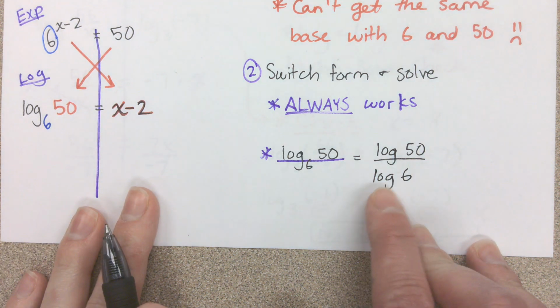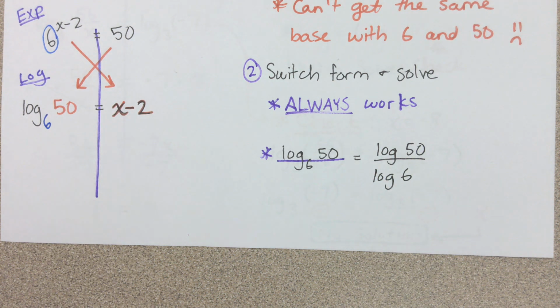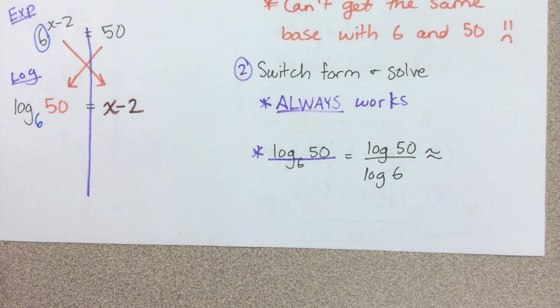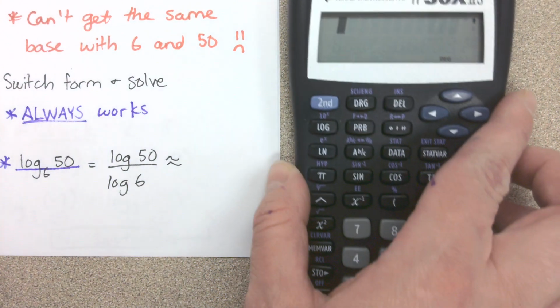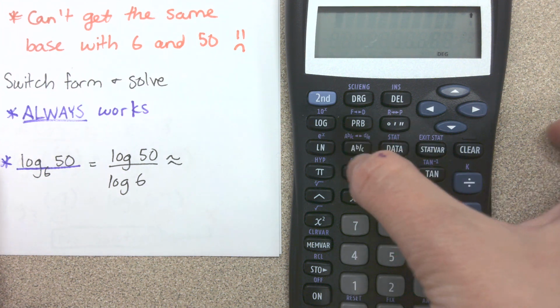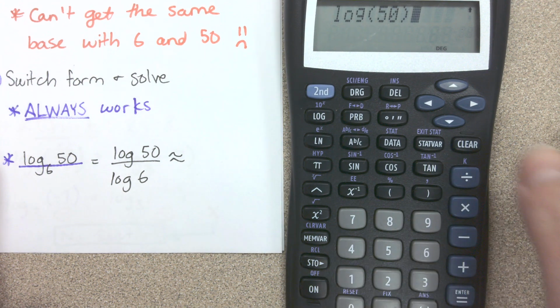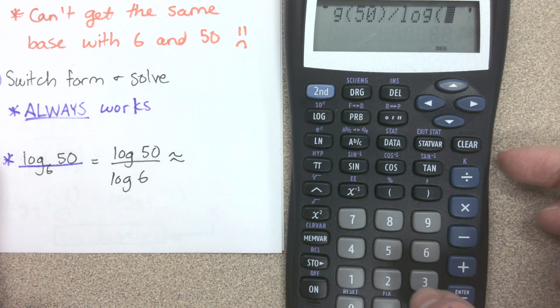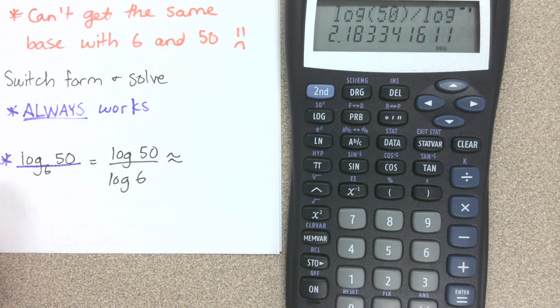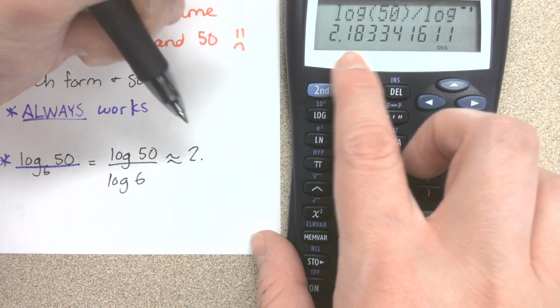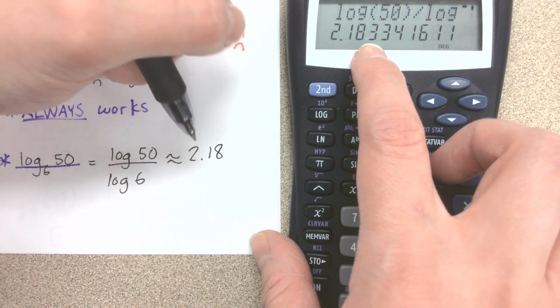Don't forget that you put a log on bottom as well. And then we use our calculator to get that answer. Make sure you type log both times. Log of 50 in parentheses divided by log of 6. And just like before, we'll just round to 2 places. 2.18, the next number is a 3, so we will not round up.